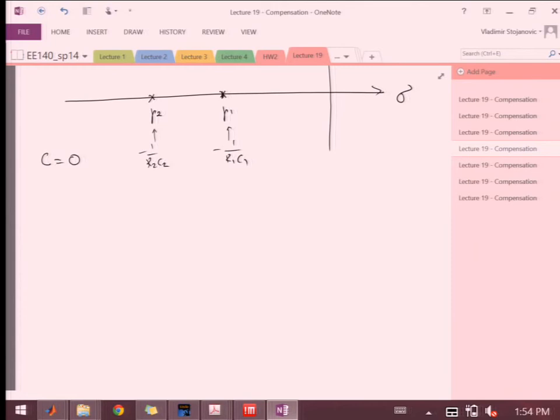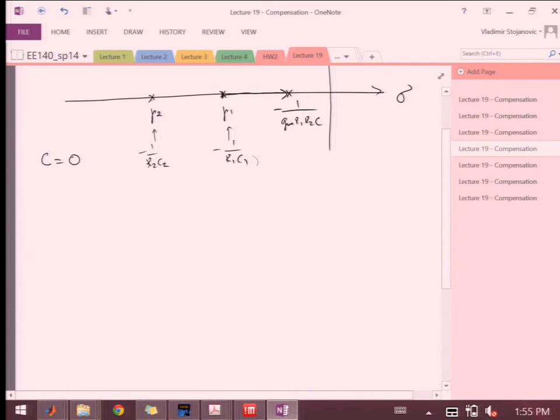Now that I've inserted this big C, I'm shifting to the poles that we just mentioned. So pole 1 will be moving to minus 1 over gm R1 R2 C. And you see that the shift has happened by a factor of gm R2, because you've moved by that much with respect to R1C1.